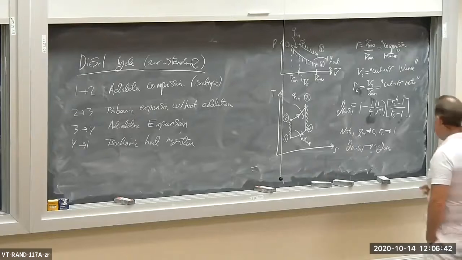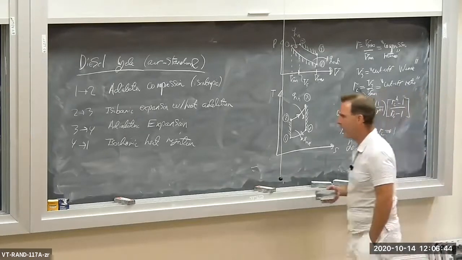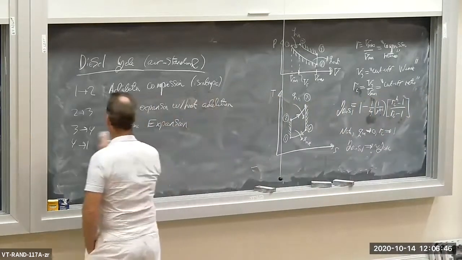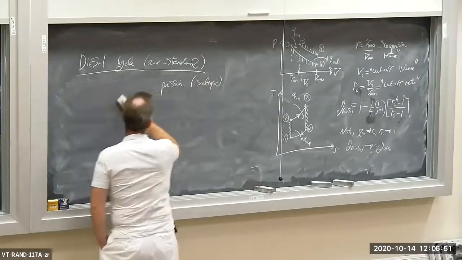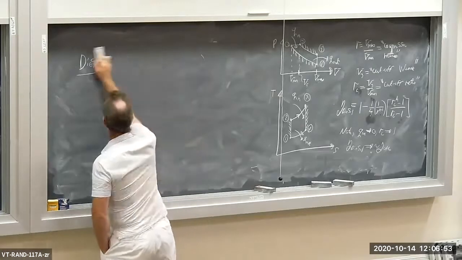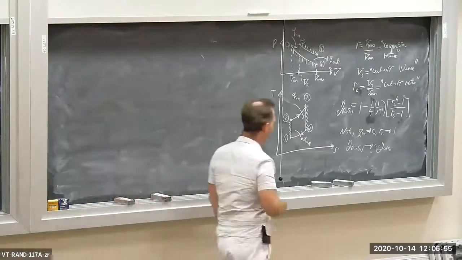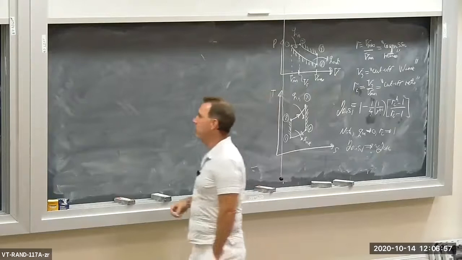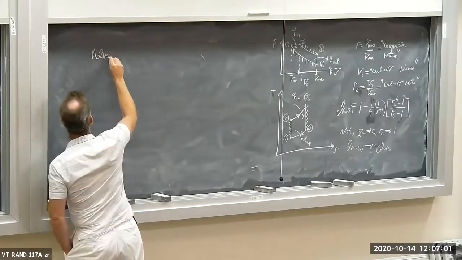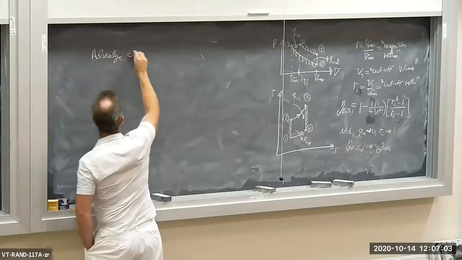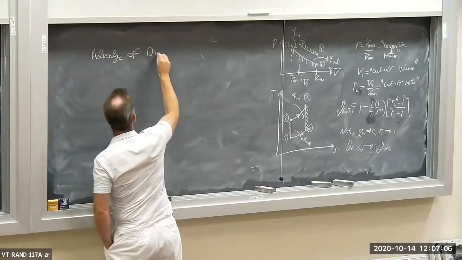Now, why are diesels so popular in many applications? Well, they're very popular because they're often extremely efficient. Why is that true? Why are they extremely efficient? Well, for one thing, advantage of diesel cycle.